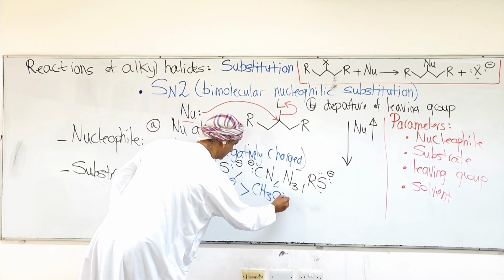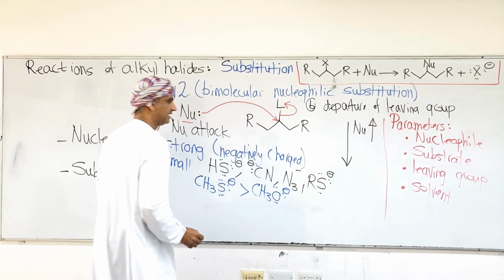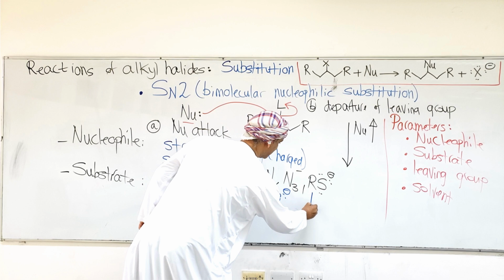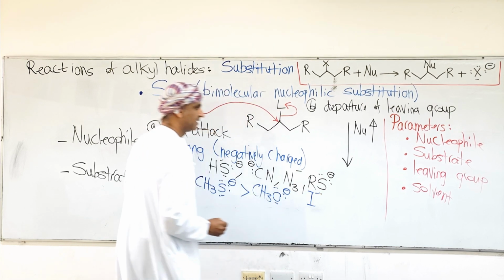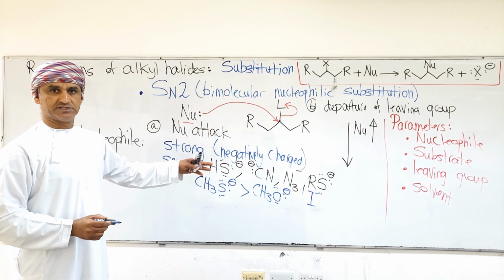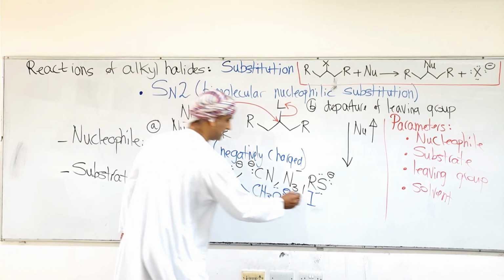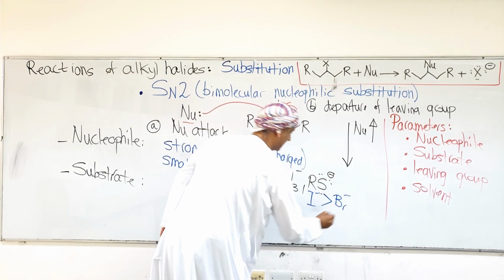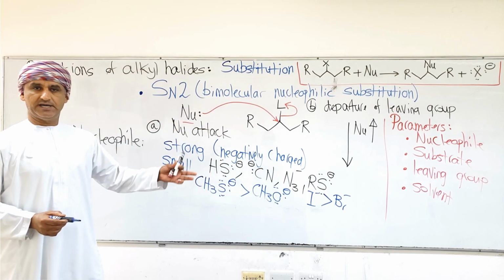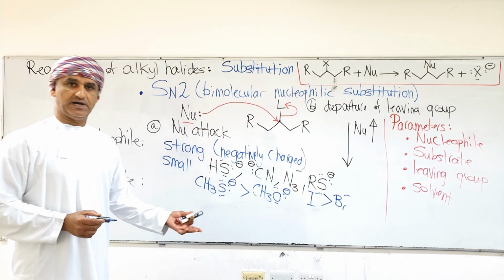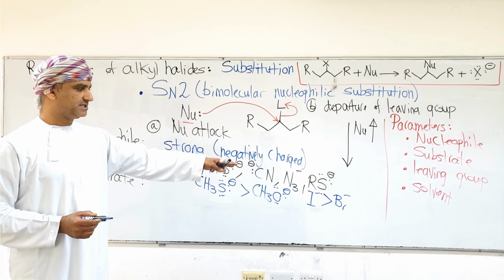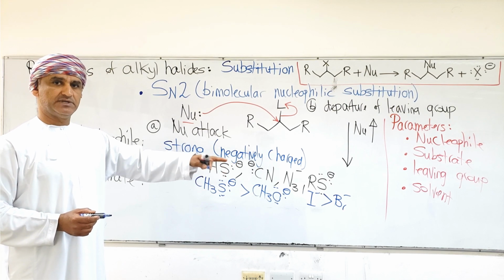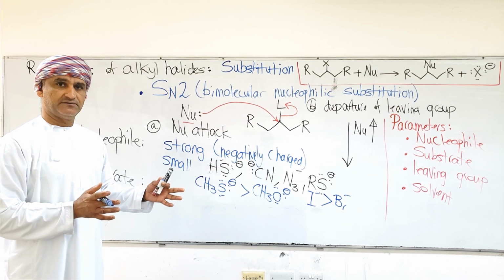This is the structure of the methoxide ion. And similarly, the iodide ion, or iodine at the bottom of the halogens group, the iodide ion is a better nucleophile than the bromide ion, which is a better nucleophile than the chloride ion, which is a better nucleophile than the fluoride ion. We don't put Cl- or F- here because they are not really very good nucleophiles in SN2.